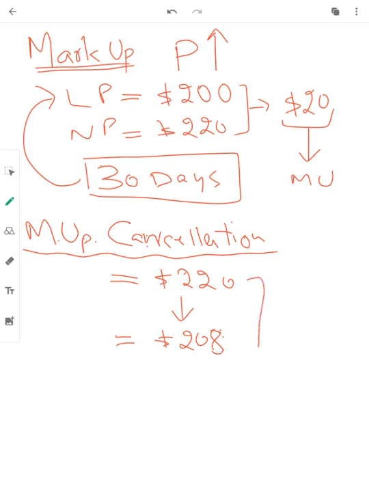So you can see that from 220 to 208, the cancellation is $12. I cancelled the markup. How much was the markup? $20. So I cancelled the markup of that $20 by only $12. This is called markup cancellation.